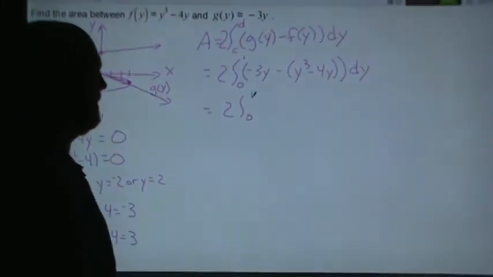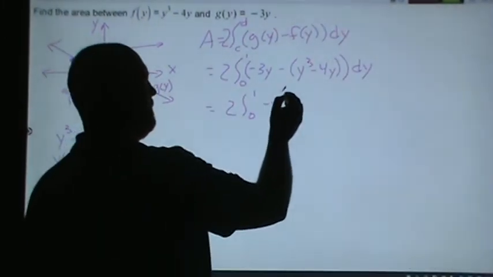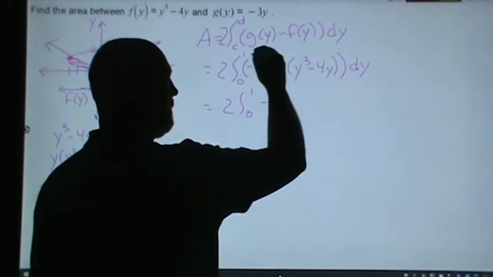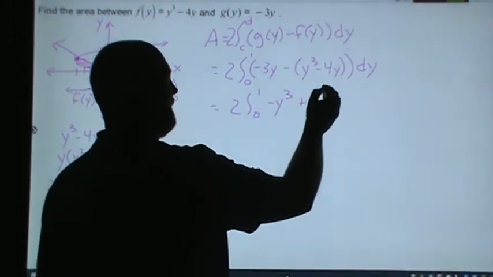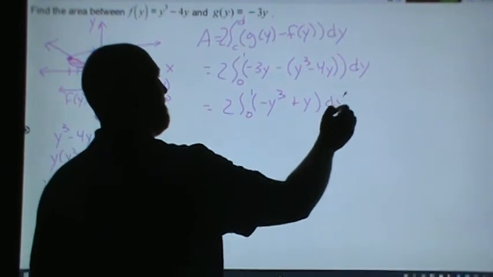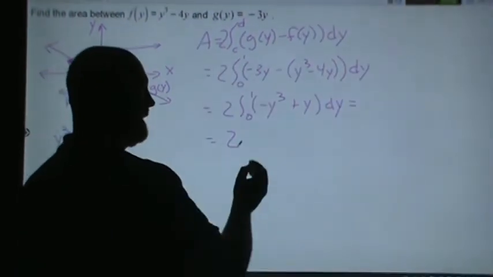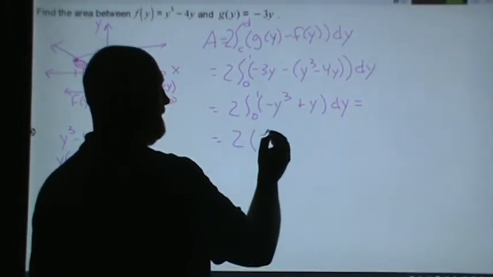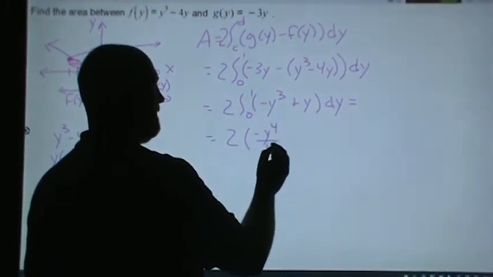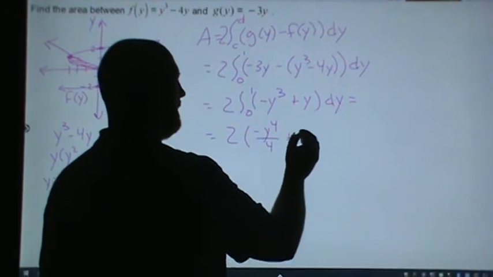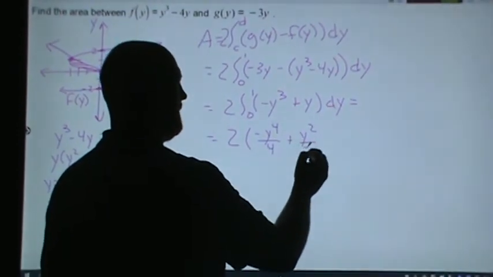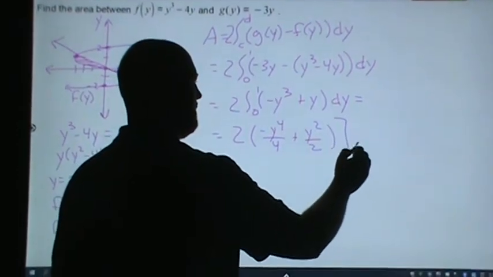When I combine like terms, I'll have a negative y cubed plus 4y will give me positive y dy. I'm going to use power rule here. So I'm going to have 2 times the quantity negative y to the 4th divided by 4 plus y squared divided by 2 evaluated from 0 to 1.